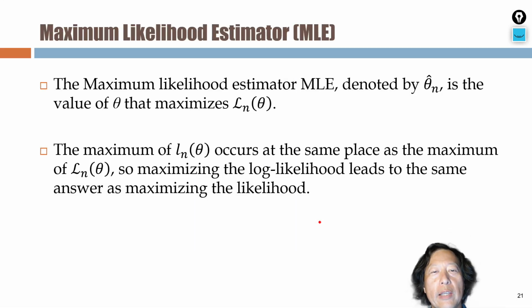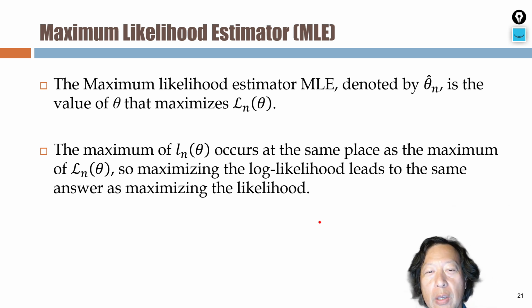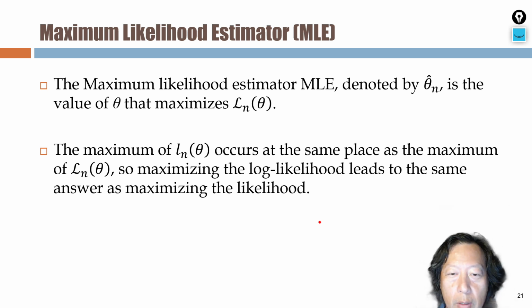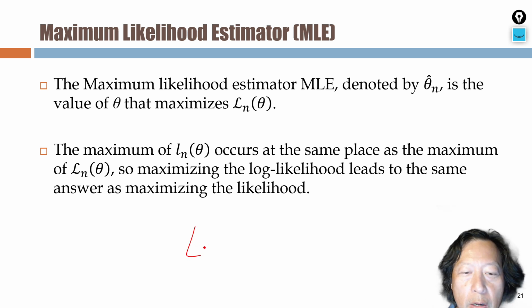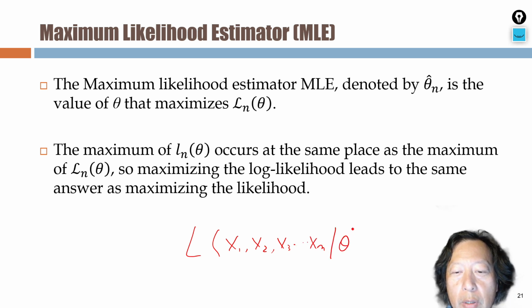The maximum likelihood estimator comes from the likelihood we defined. If I have multiple observations, there is a likelihood of observing x1 and x2 and x3 up to xn given the parameter.